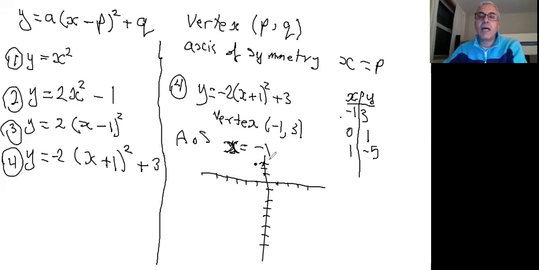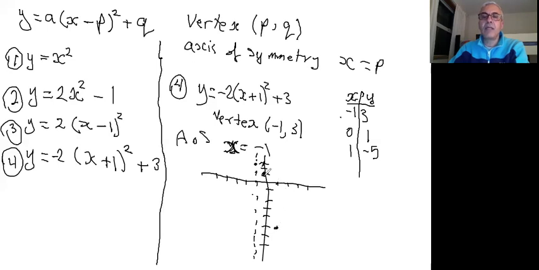Of course, through this point is my axis of symmetry, so it's just going to be a dotted line through that point. And then I plot my other 2 points. We have 0 and 1, which is right there, and 1 and -5, which is right there.